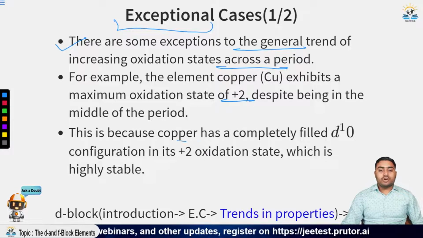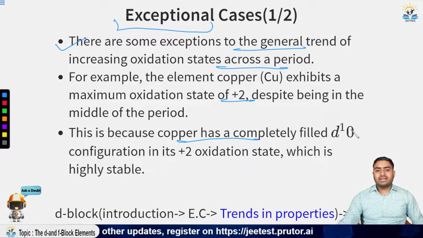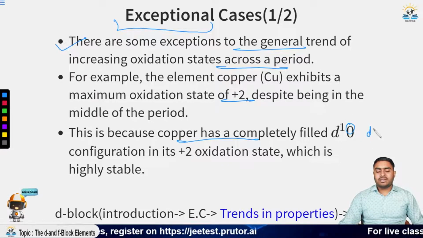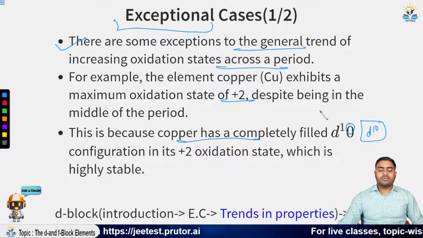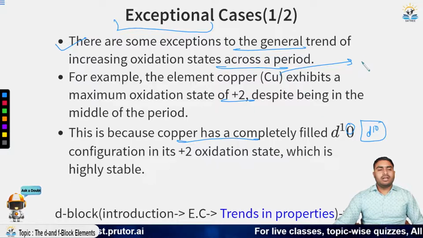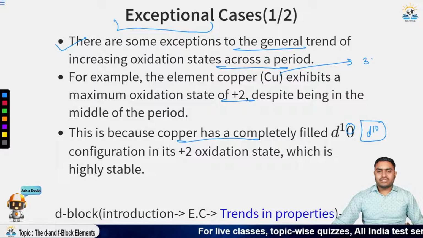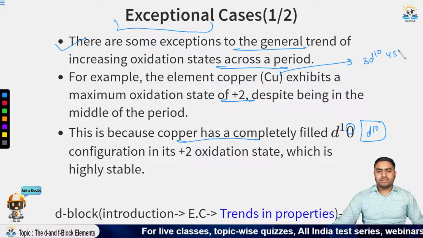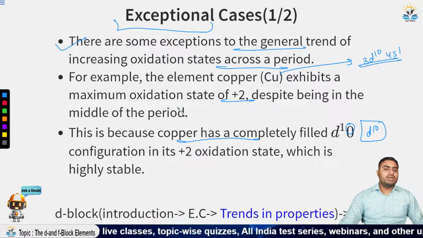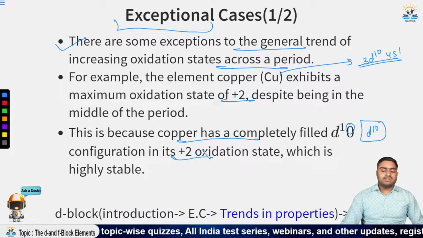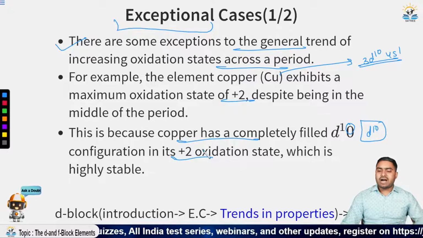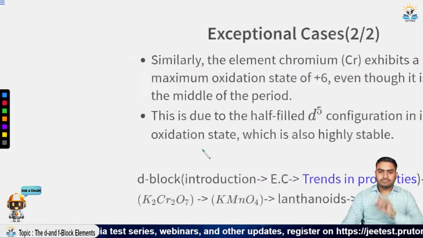This is because copper has a completely filled d10 electronic configuration, with the last shell configuration 3d10 4s1. So it can show a maximum of +2 oxidation state, which is highly stable.